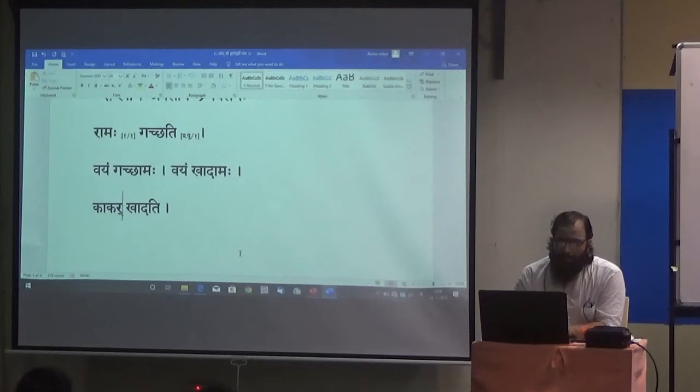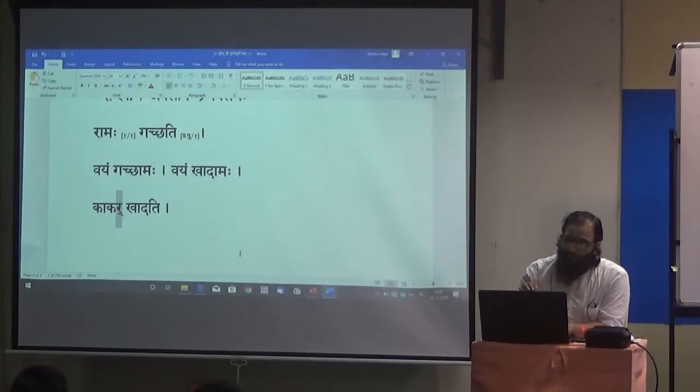Now, between the two words, if you give a pause, Kakaha, Kakar, Kadati. When you give a pause, Avasana is there, and Repa will become Visarga. That we saw. Not only that, if it is followed by a kar letter, then also it will become Visarga.